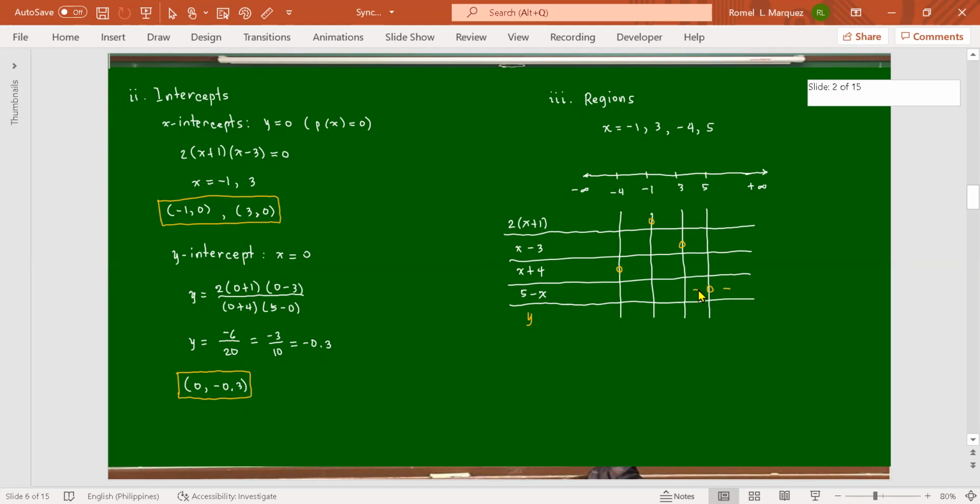Negative here, positive, positive, positive. Am I correct, children? Because of the negative coefficient. Negative, positive, positive, positive. You will be using this also when you solve rational inequality. Similar here. Okay, alternate: negative, positive, negative, positive, negative.